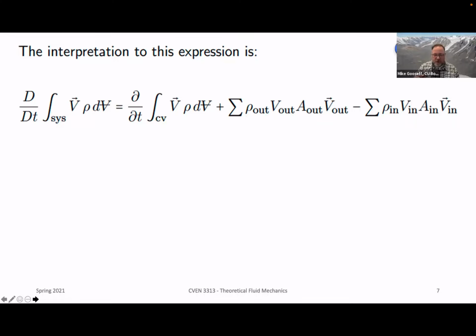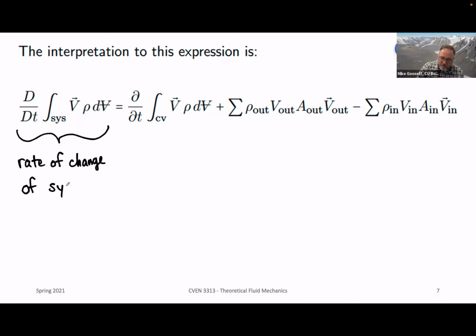They're broken into three types. On the left-hand side, this component is essentially the rate of change of the system momentum.